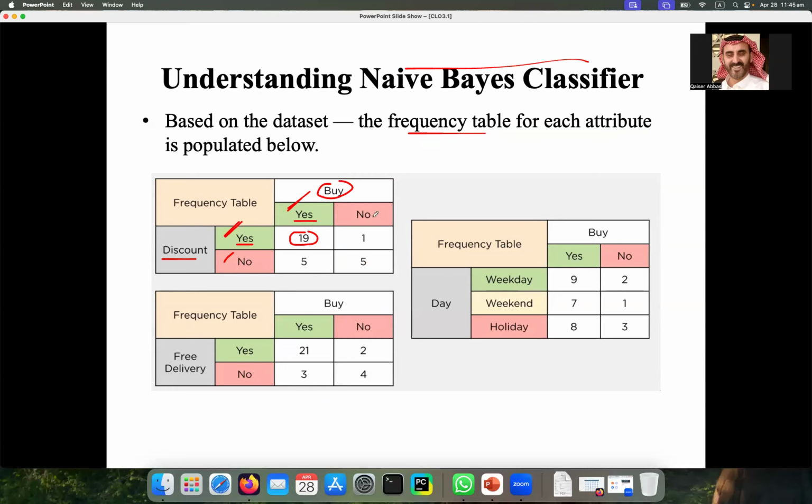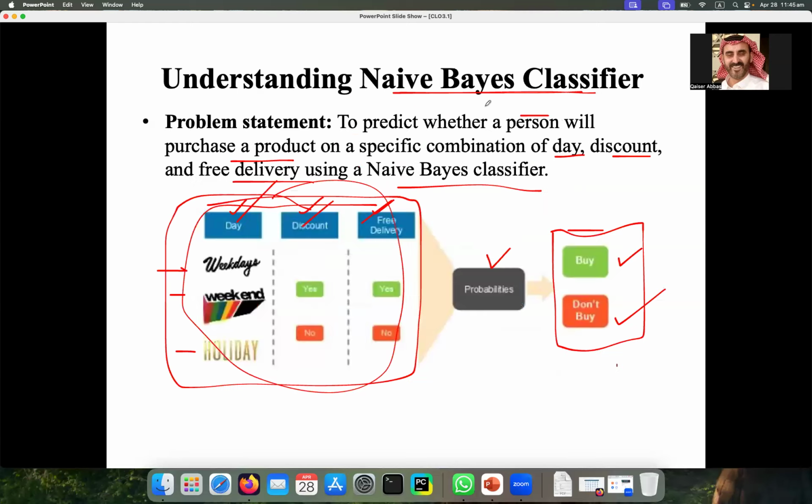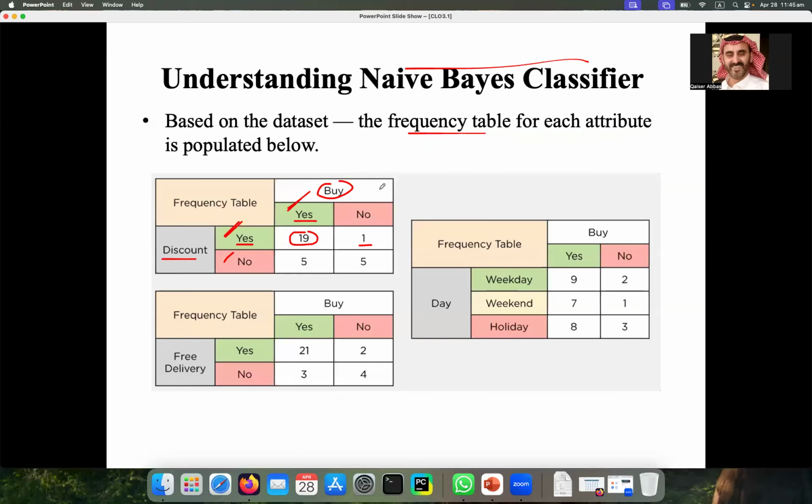When the discount is yes and the buy is no, how many times? Only one time. This is no and here no, and we don't have more than the total 30 rows there, okay? So only one evidence, one row, from the data.